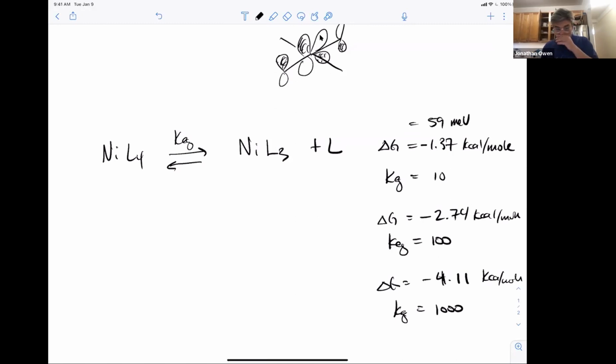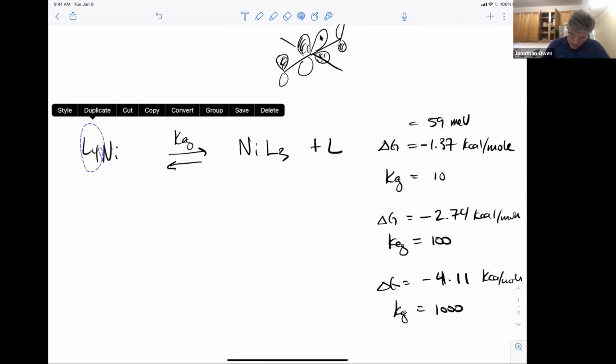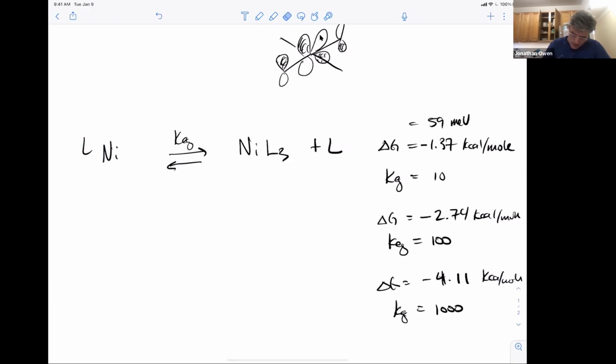One of the ways that you determine that is by considering the nickel ligand bond strength. This is going to be approximately related to the strength of that bond. Sure, there's going to be some rearrangement. There are some entropic things to consider also, but a lot of it is just bond association energy.